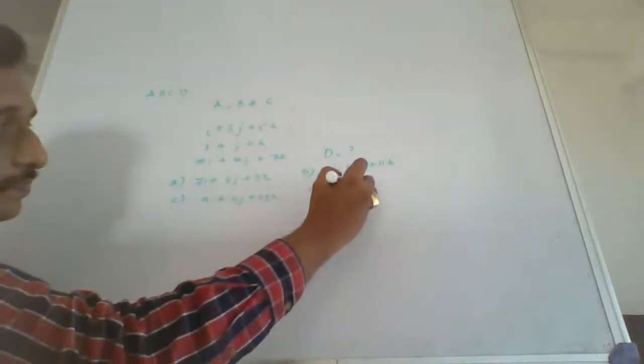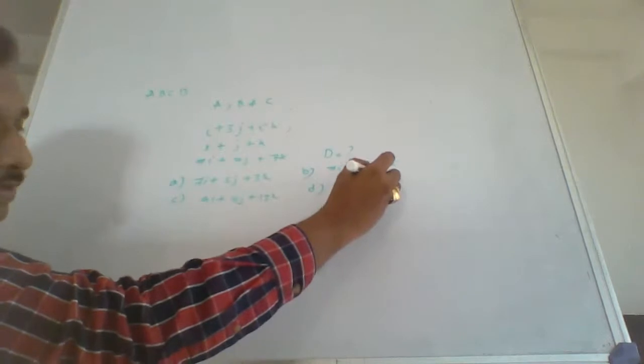D, which is 8i plus 8j plus 8k. These are the choices I have. I'll repeat the question once again. If ABCD is a parallelogram and the position vectors of A, B, and C are given, then the position vector of D would be what? The choices are these. Let us find that.